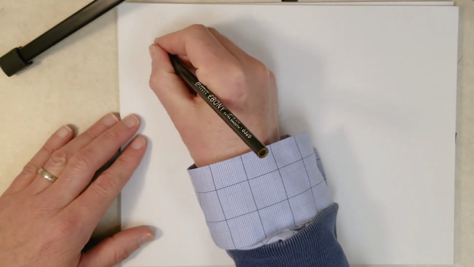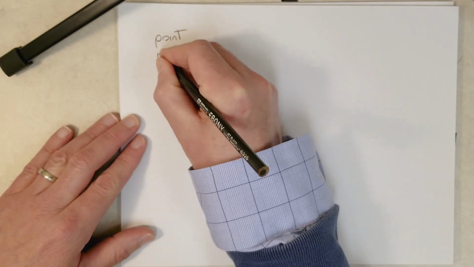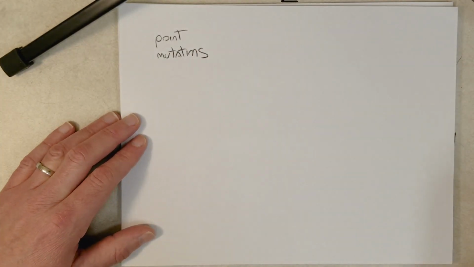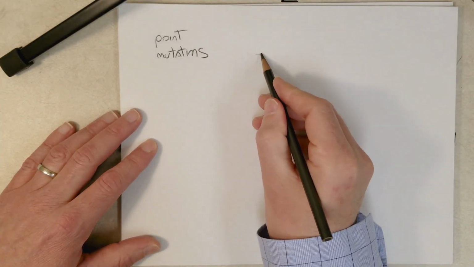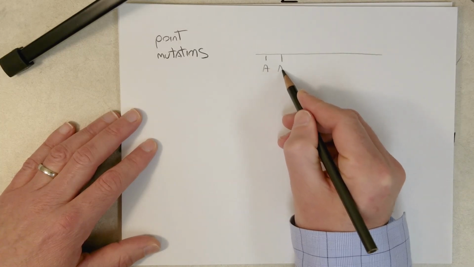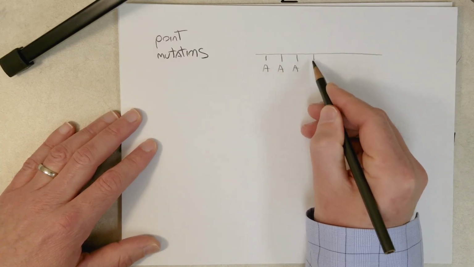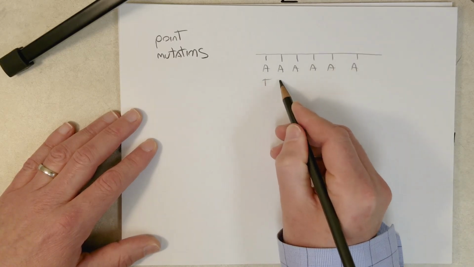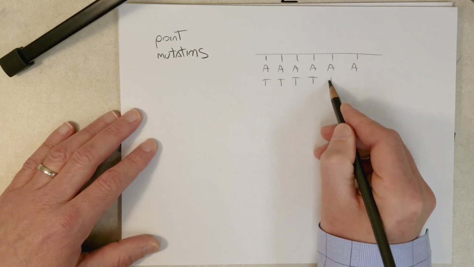Now let's talk about point mutations. So when we say something is a point mutation, well, essentially what we are saying is we are changing one base in the sequence. So let's say this is the wild type sequence, just a bunch of A's there.